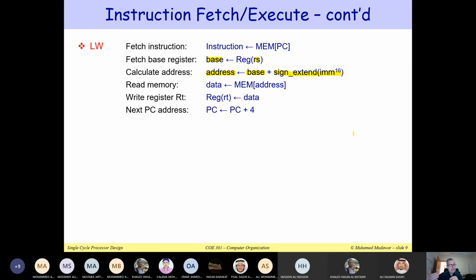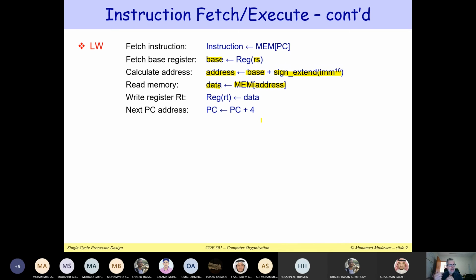Once we have calculated the address, we need an extra step to access the memory. So we access the memory at this specific address. We have to read the data from memory because this is load. The data has to come from memory, and the value of register RS is nothing but an address, the base address.